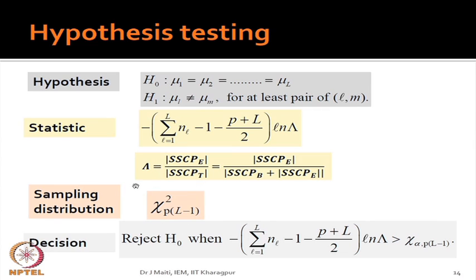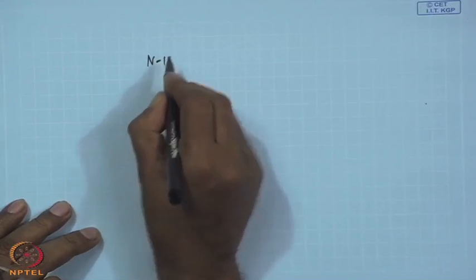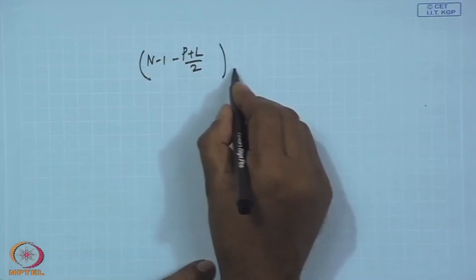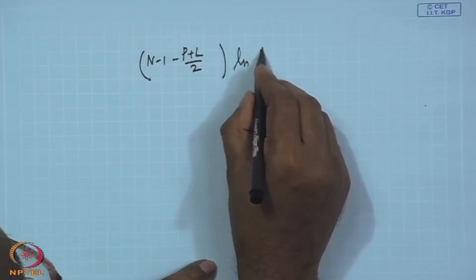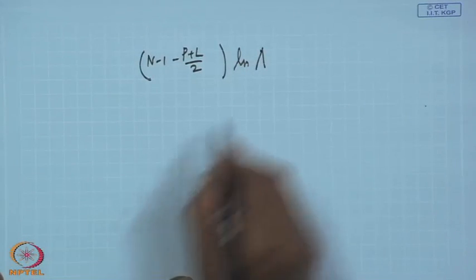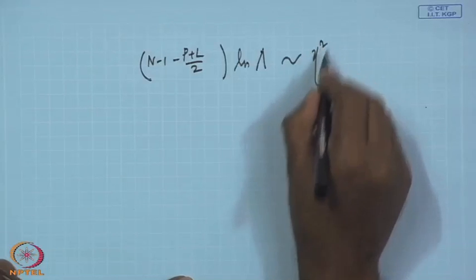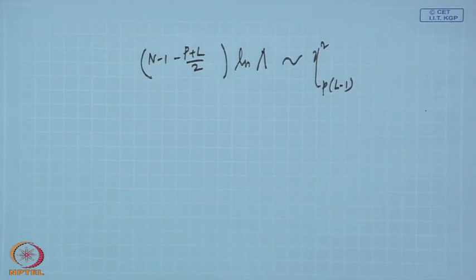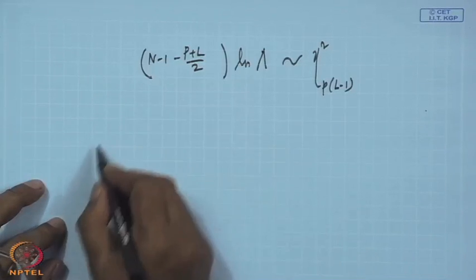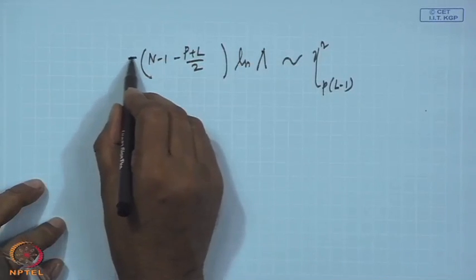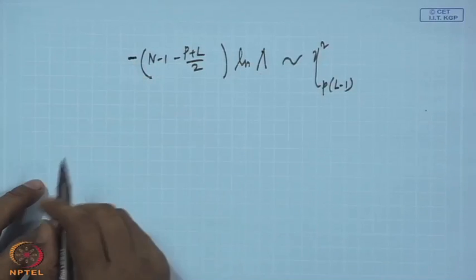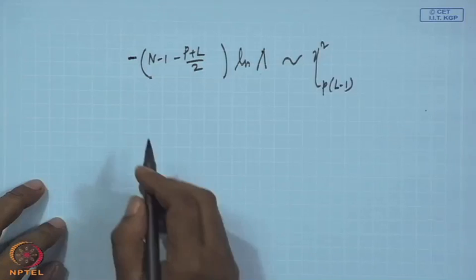So what is our statistic? Our statistic is minus n minus 1 minus (p plus L) by 2, log lambda, that is Wilks lambda, and this follows chi-square with p into (L minus 1) degrees of freedom. What will be your decision? The minus sign is there because Wilks lambda is a low value, so keeping the minus here makes it positive.